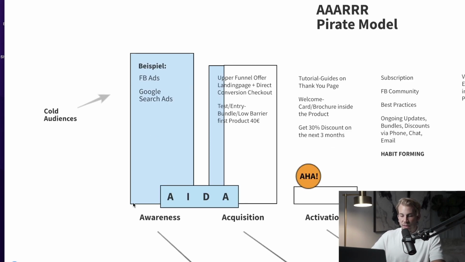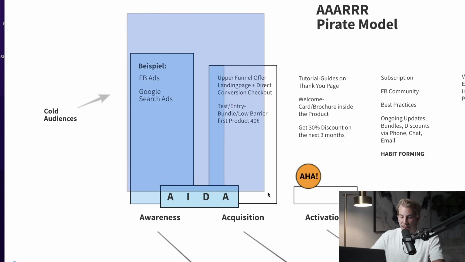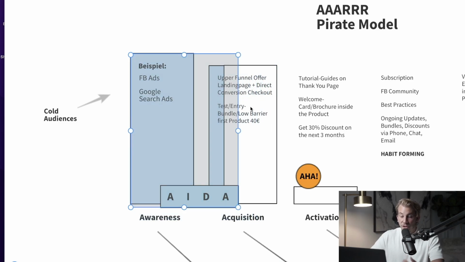So between awareness and acquisition, that is where the main job is done with ads, with these cold ads. Whenever we scale ad accounts, we basically put most of the money into running cold ads and retargeting to get customers to buy this first product.